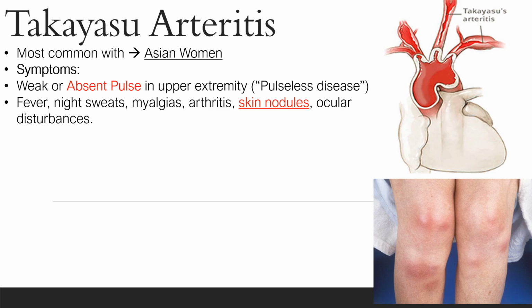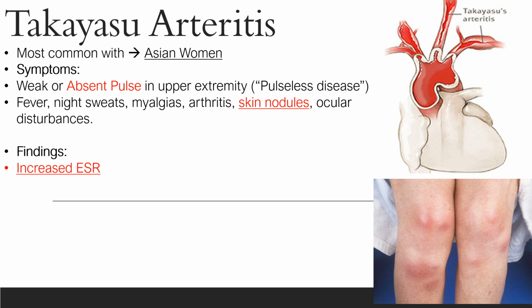Maybe skin nodules might be more specific, but if you see ocular disturbances, that could be giant cell arteritis. If you're just looking at the fever and the myalgia, make sure to look for something like a weak or absent pulse in an Asian woman.